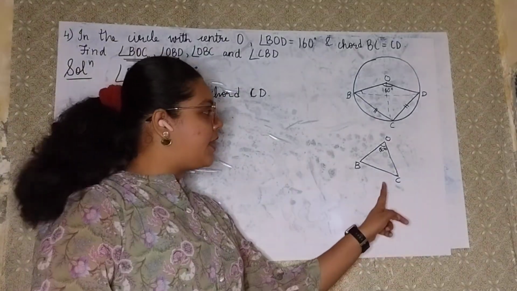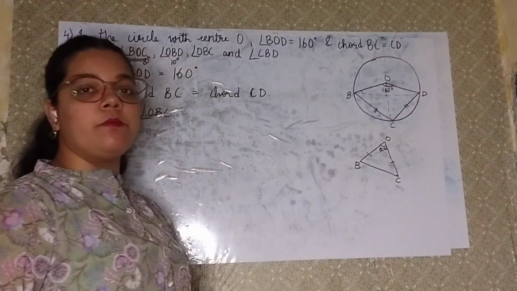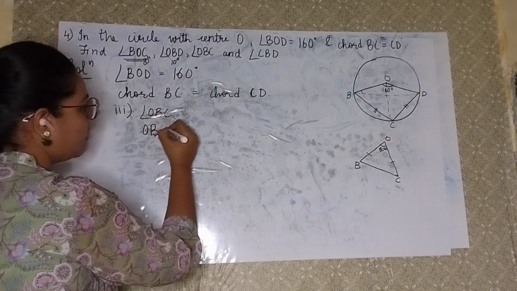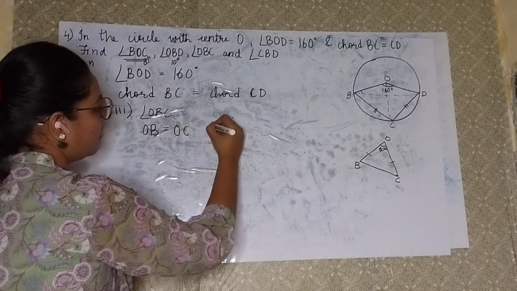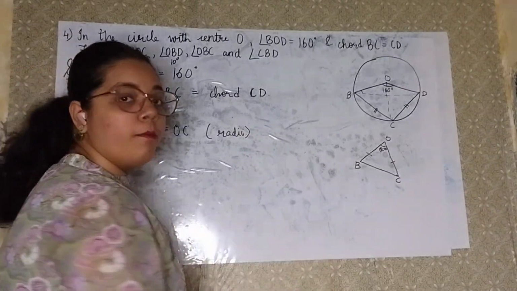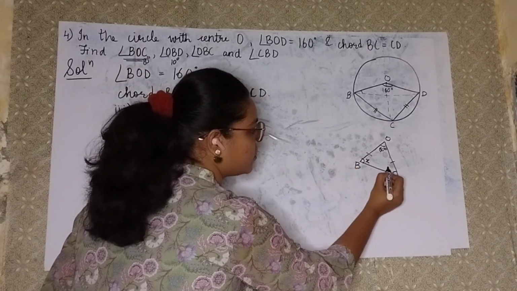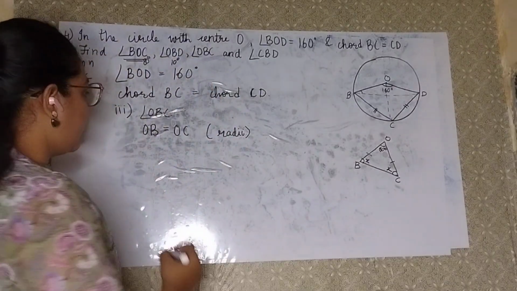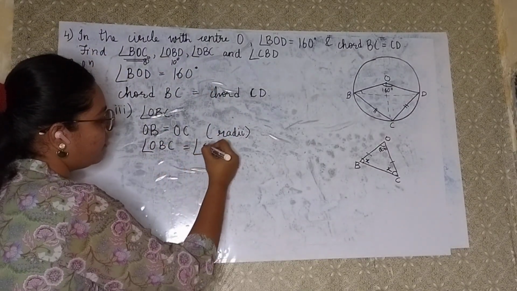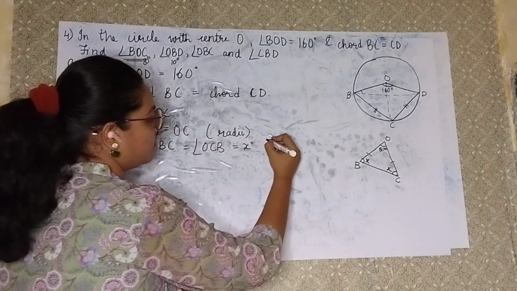BOC was 80 degrees. Now again OB and OC are equal because they are radius. So we will write first OB equal to OC because radii. Now base angles will be equal. So angle OBC and angle OCB will be x. Therefore angle OBC equal to angle OCB equal to x degrees.